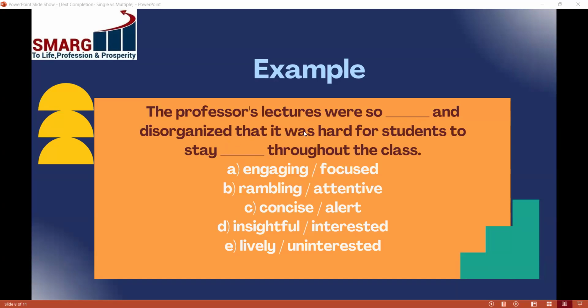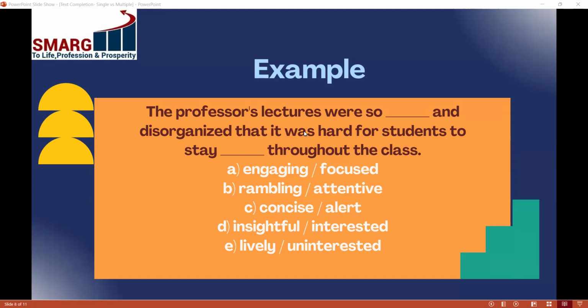We are talking about students. It was very difficult for the students to stay focused. So we have to look for a word that is talking about a lot of confusion. That would be rambling. The professor's lectures were so rambling and disorganized that it was hard for students to stay attentive throughout the class.